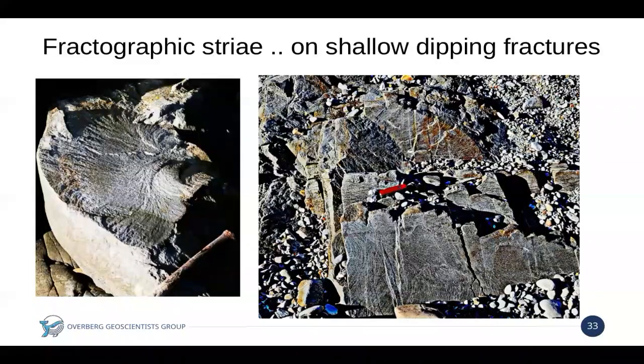Extension fractures have this characteristic of forming these fractographic striations on them. This is typical of an extension fracture. Quite often, a fracture would form in extension, and then it would shear afterwards and destroy all this evidence. So you're lucky to actually see the evidence of the extension fracturing on these rocks.